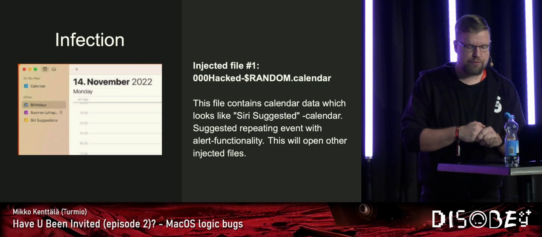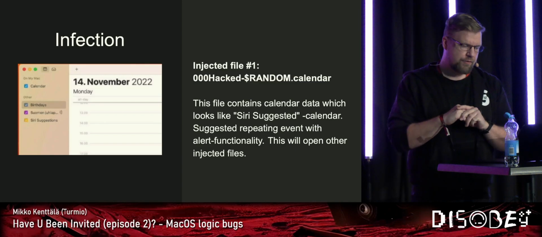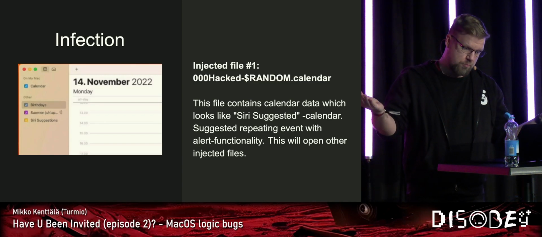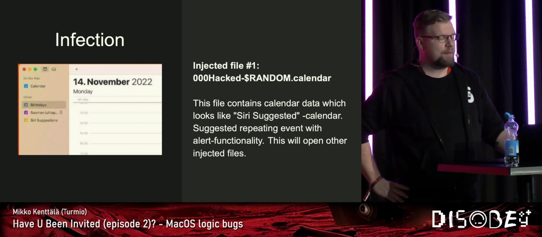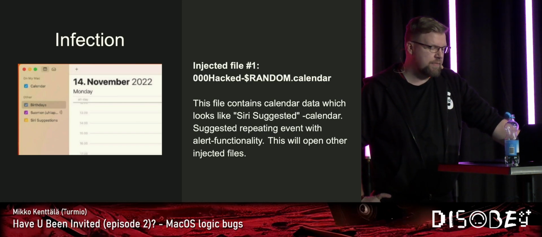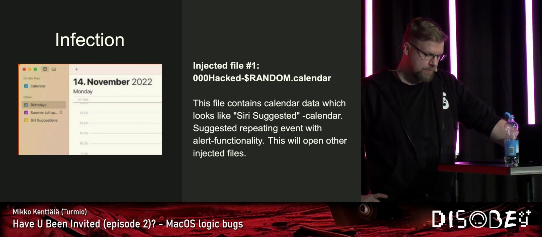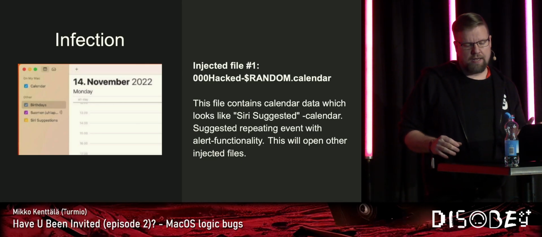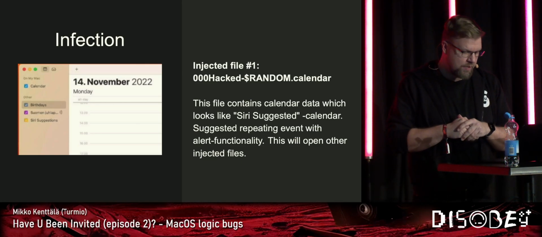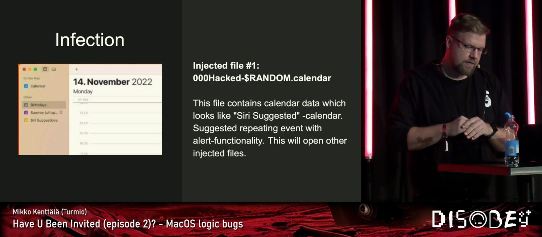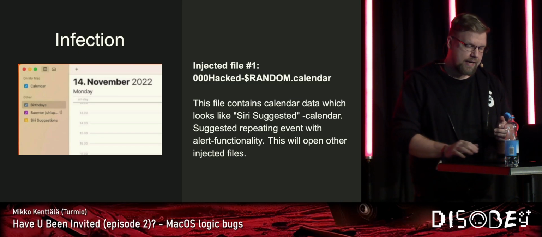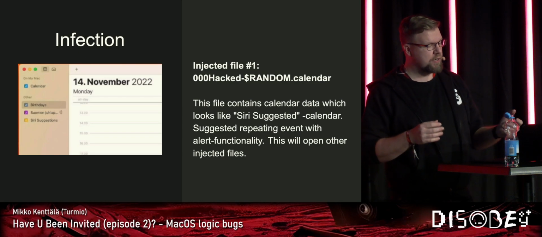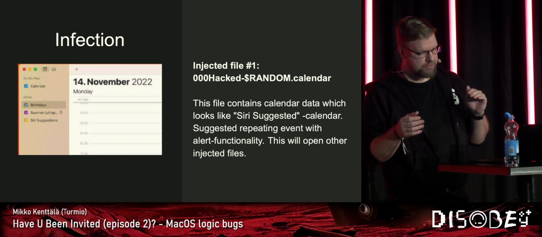I injected a new calendar into the file system, because that's at least something the calendar application will handle. There are some nice features with some of the calendars, which I will cover later. But I injected a hacked calendar into the victim's file system, and in that way, a new calendar appears on the file system.